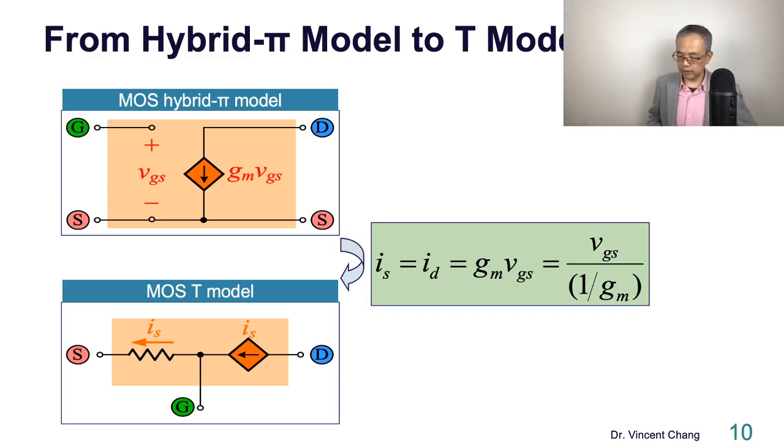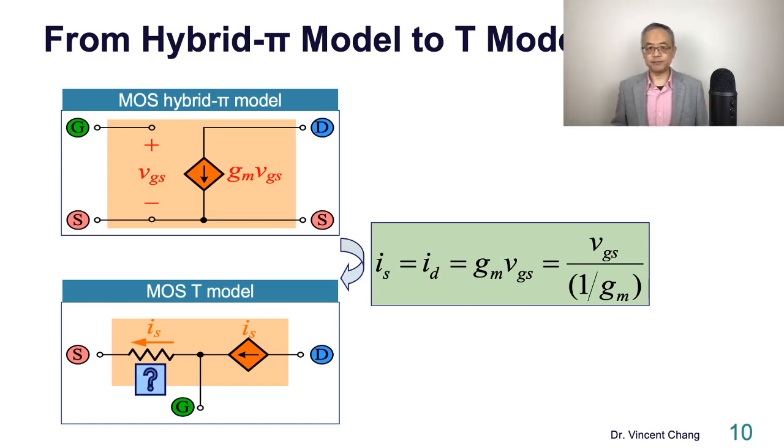And now here comes the third equal sign. We simply change the conductance into a resistance. So what's the value for the resistance? 1 over Gm, 1 over the conductance. Now take a piece of paper and cover the ID in the middle. Just focus on the beginning and the end.